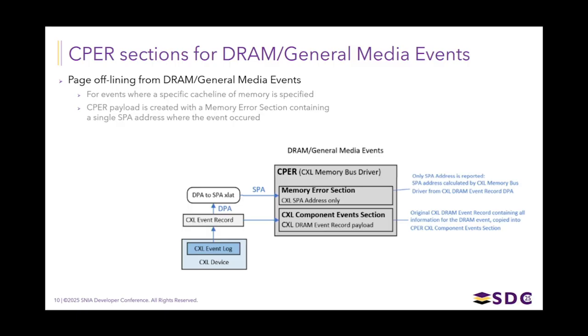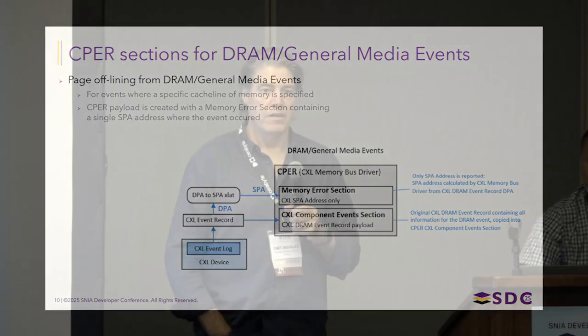Okay, so the question is, what happens if an application tries to access a memory location that's been offlined through the OS memory manager?